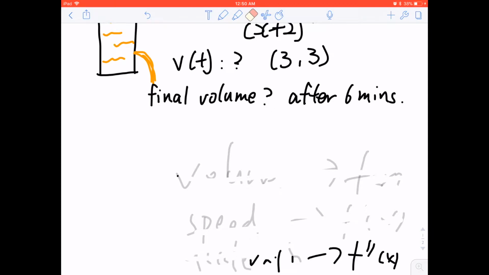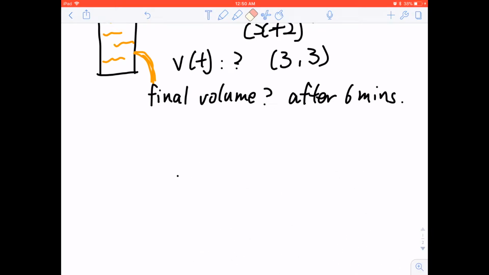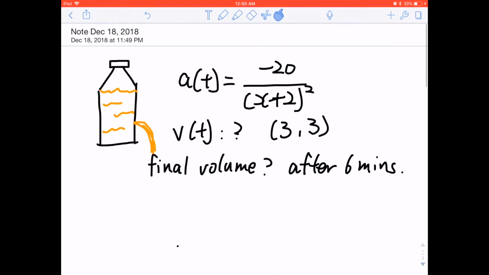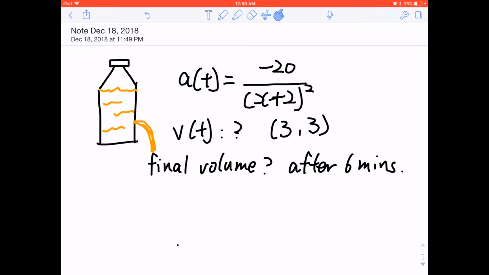So the only thing we have to do is to antiderivative the acceleration first to get the function of velocity.